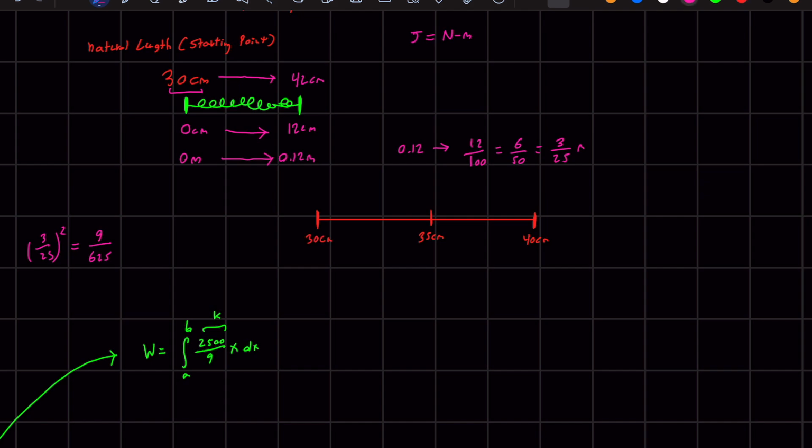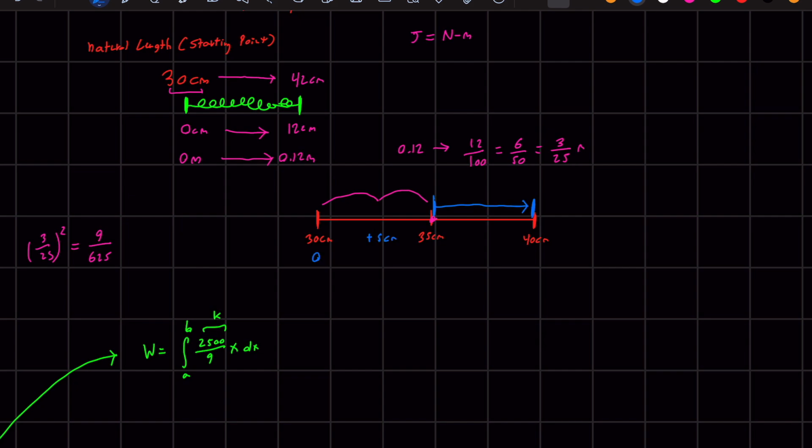So just look at how many units away we are from our natural length, right? So our starting point is right here. We're starting here, and we're going to go over to this end. So we're starting at plus 5 centimeters of displacement, right?